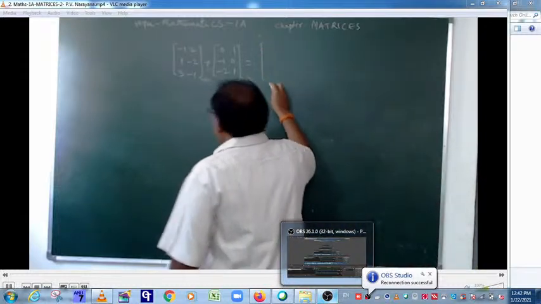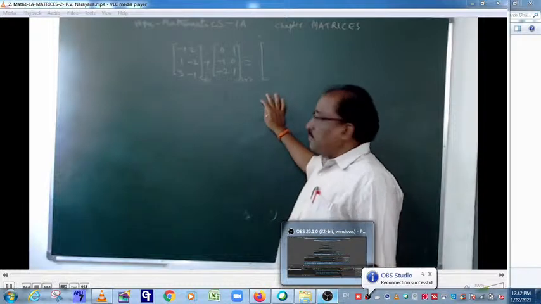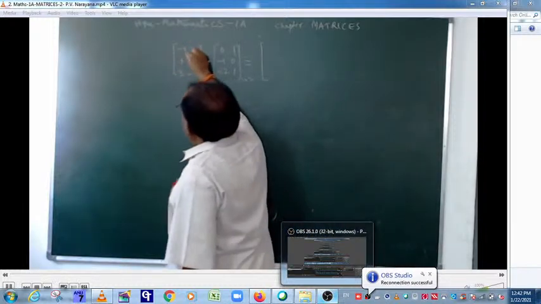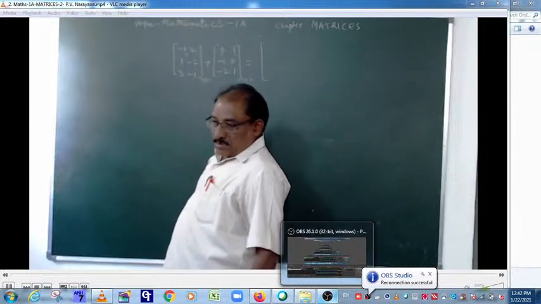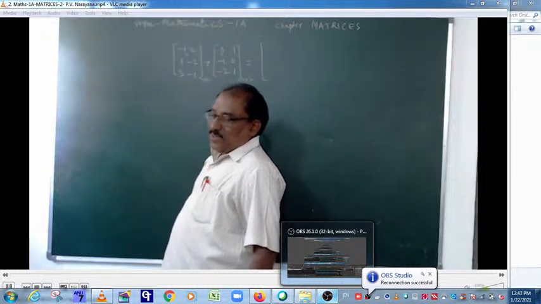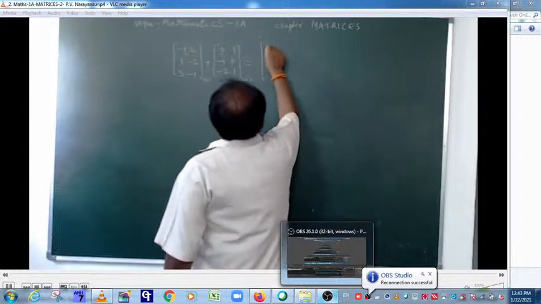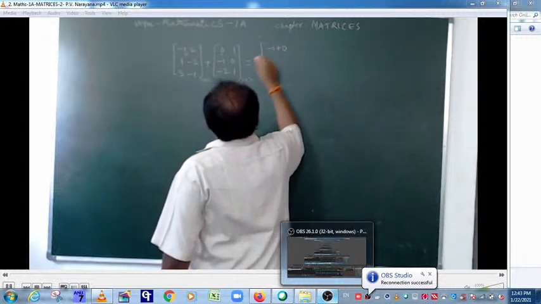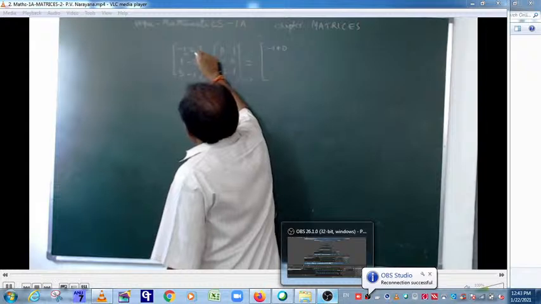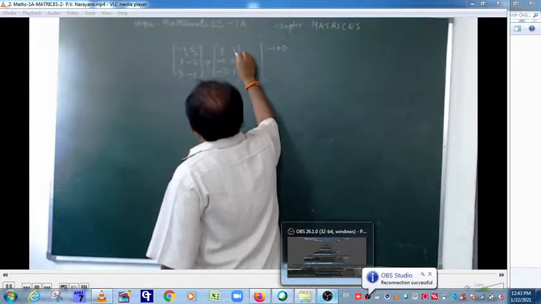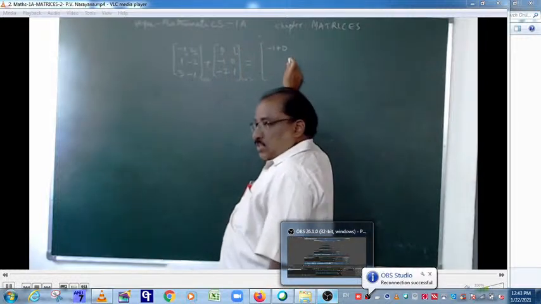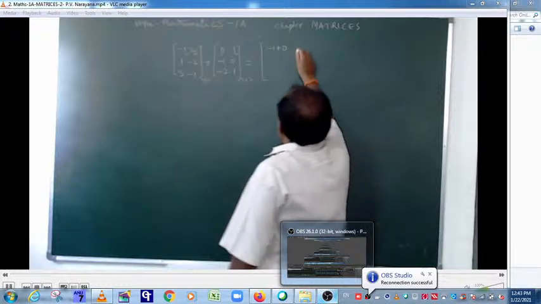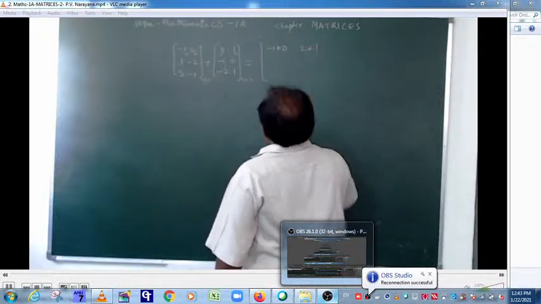What is the corresponding element? That means the position. This is the 1 1 position, first row, first column: minus 1 plus 0. First row, second column, 1 2, here also in the second matrix this is 1 2: that is 2 plus 1.